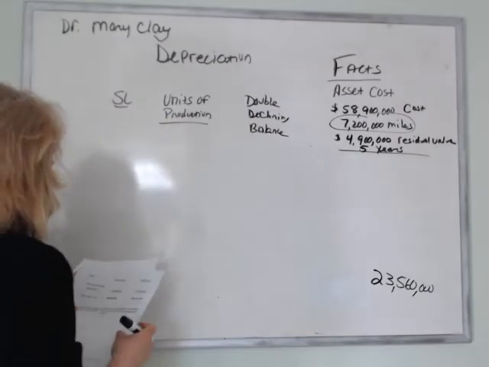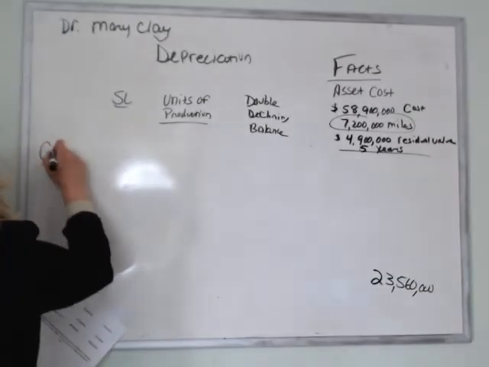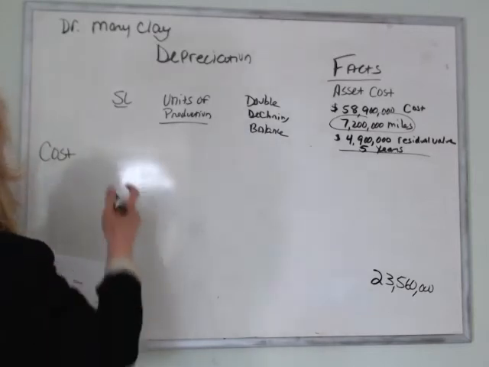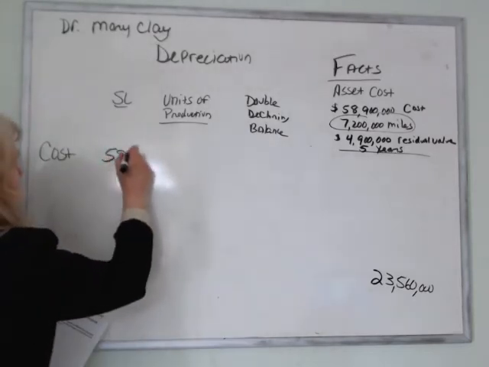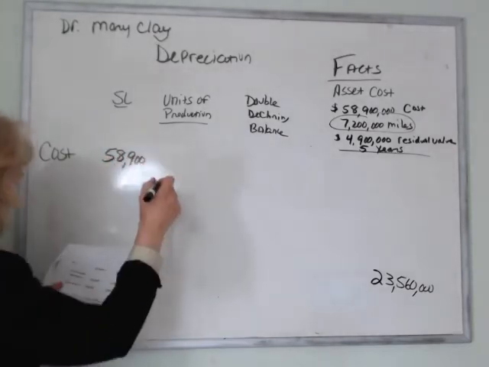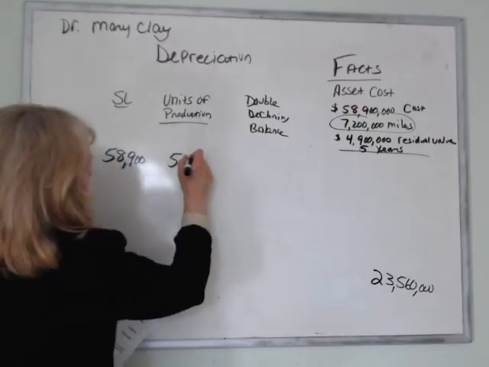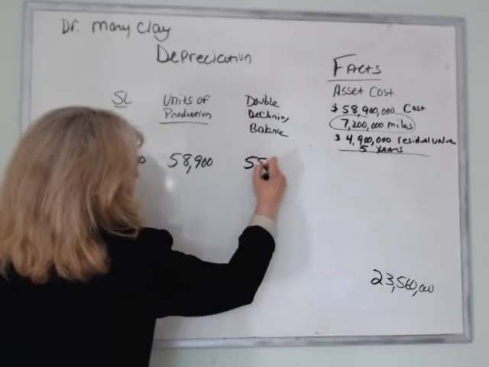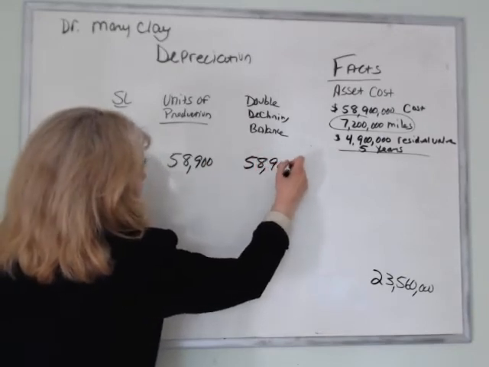Okay? All right, so we have cost for straight line, okay, which was 58,900,000. Guess what? The cost is exactly the same for all of the 3 methods, right? It's the accumulated that's different.